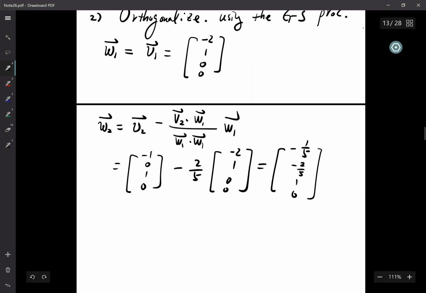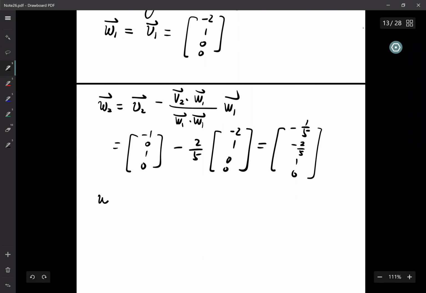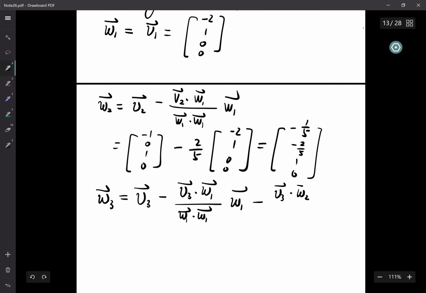Okay, so it seems like you're now pretty familiar with this procedure. We'll just carry on. So W3 should be V3 minus the projection of V3 onto the span of W1 and W2. That is V3 minus (V3 dot W1) over (W1 dot W1) times W1, minus (V3 dot W2) over (W2 dot W2) times W2.